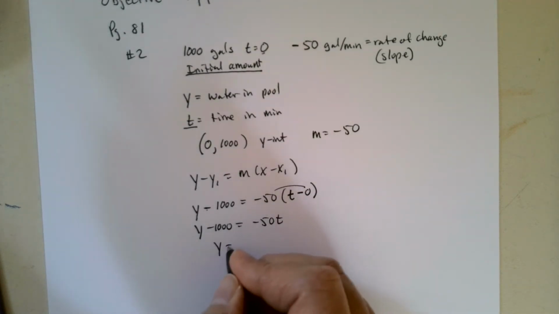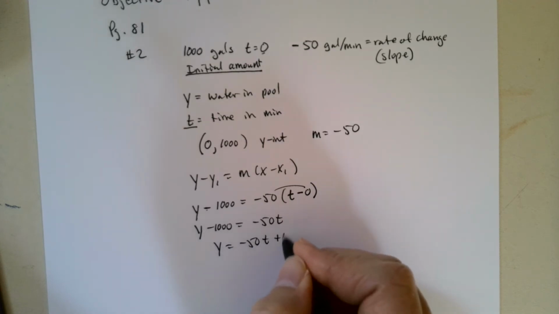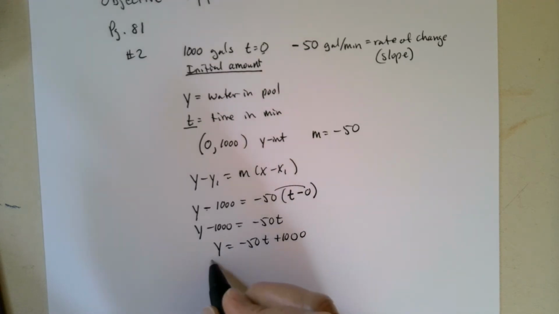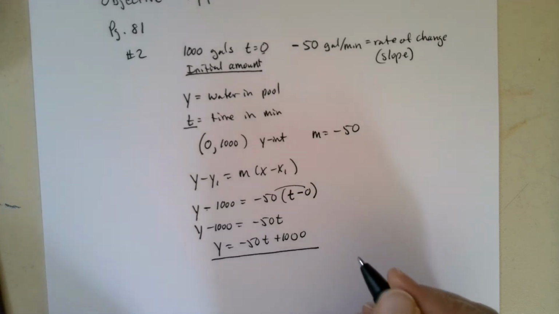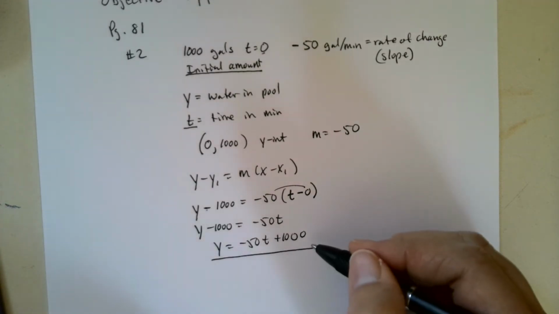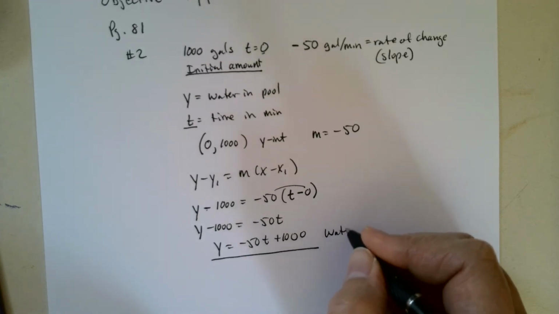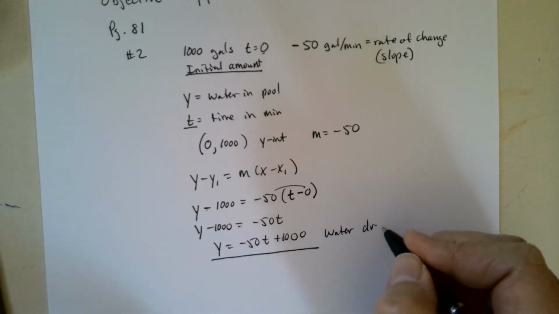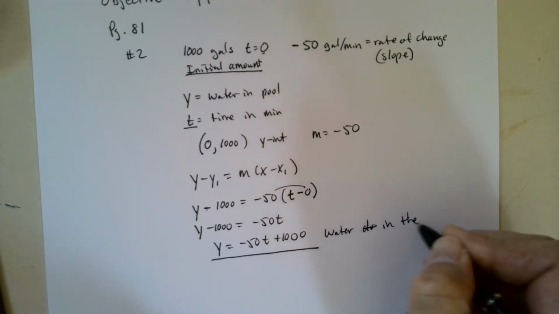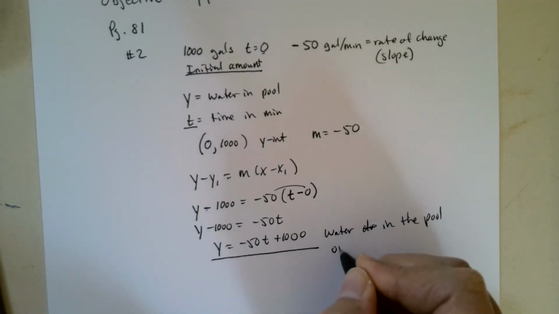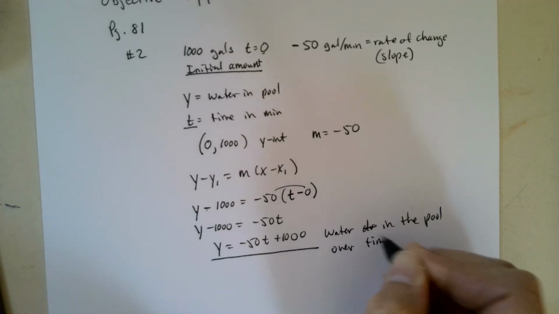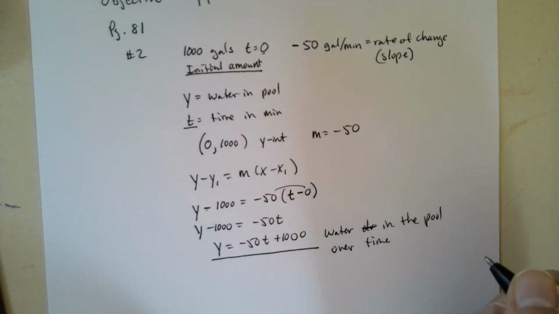And then I move the 1,000 over. And so I have this equation, y equals negative 50t plus 1,000. And this represents the water in the pool over time, which is what they ask us to do.